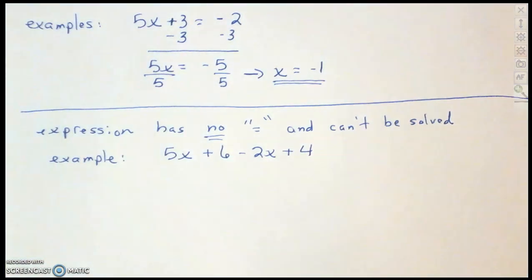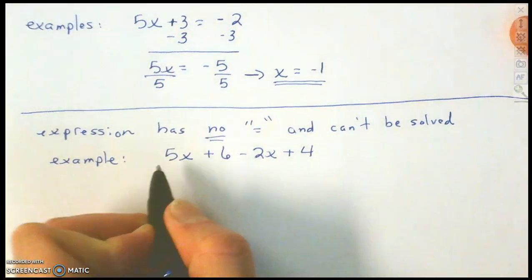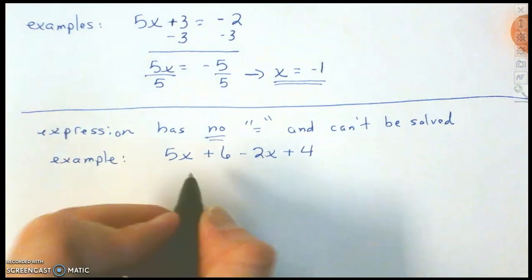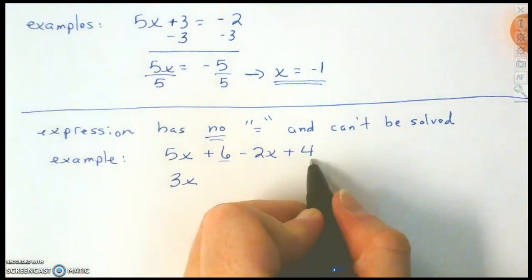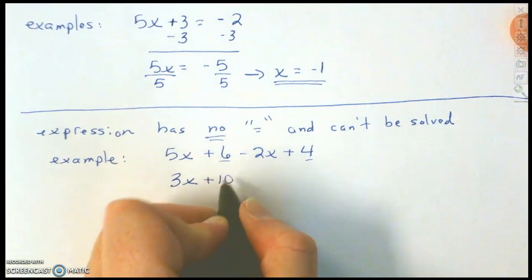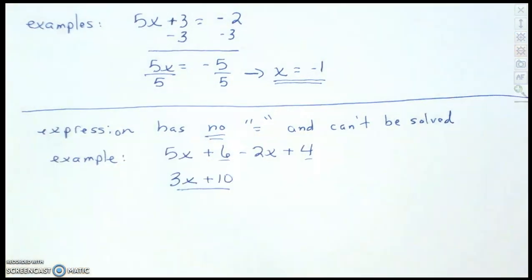The only thing that we can do is combine like terms together. So there's no equal sign, but we can combine a 5x and a negative 2x. That makes it a 3x. Yep. And a 6 and a 4 makes it a 10. So that's as far as we can go. We can't solve it because we do not have an equal sign.